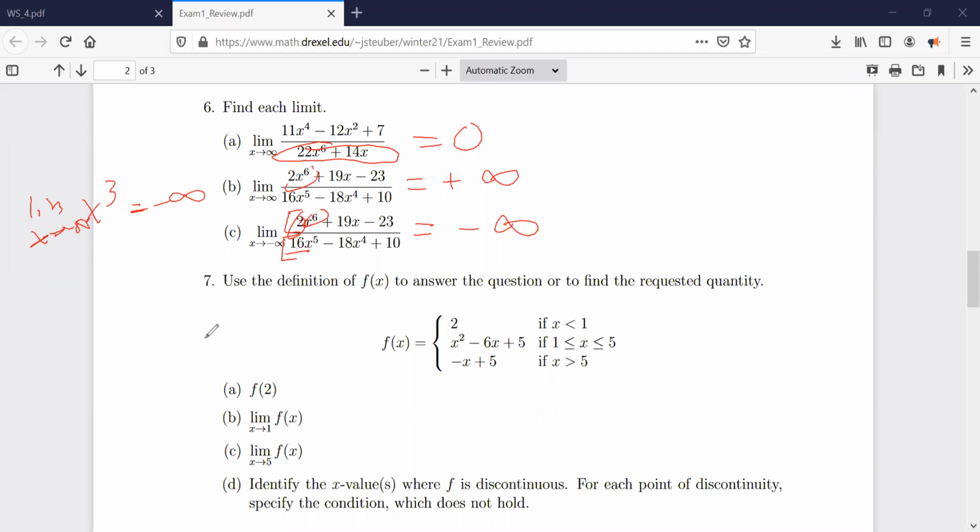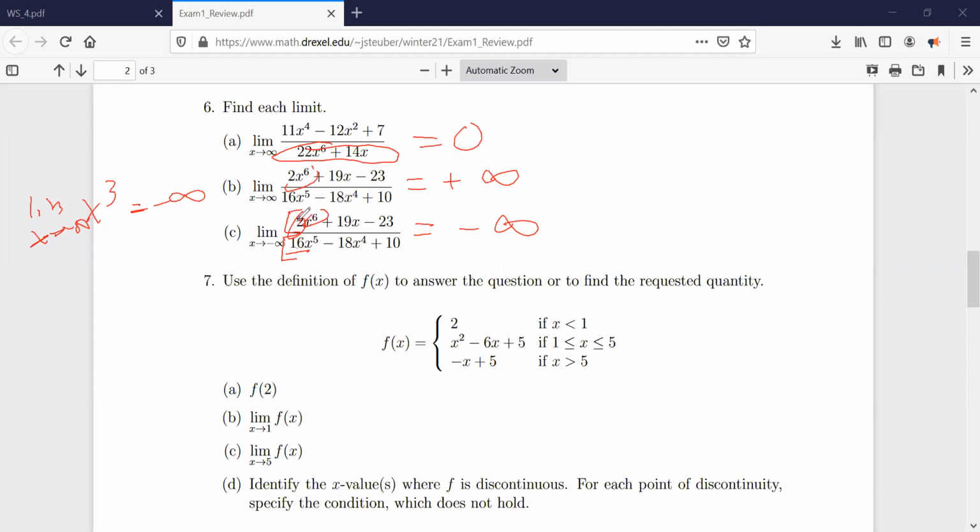So you mean like if we had negative 15 x to the 5? If we have an odd number for the coefficient and the power on the bottom and an even coefficient and power on the top. So for the coefficient, I don't care if it's odd or even.